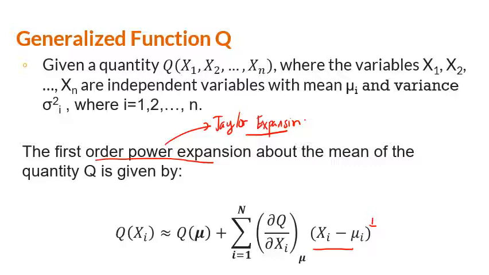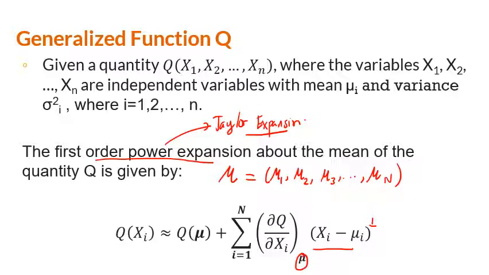And note that the quantity mu, here yung bold mu dito, is a vector. So, ganito yung itsura ng mu natin: mu sub 1, mu sub 2, mu sub 3, and so on until mu sub n.